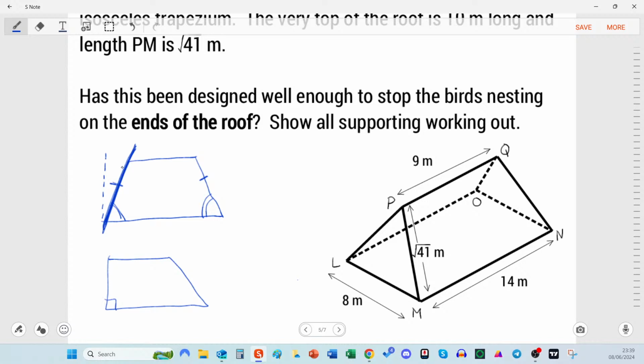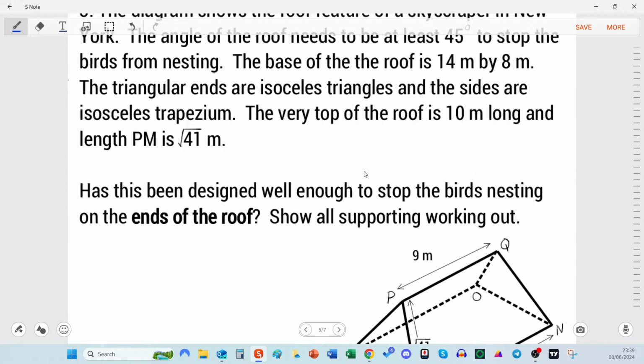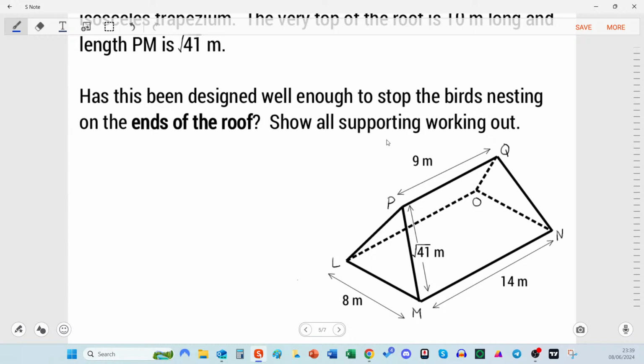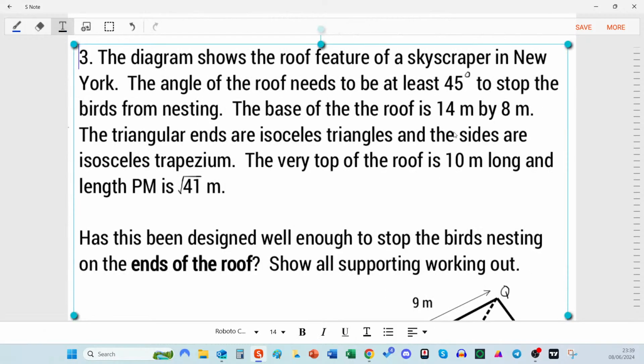Curious, Mr. Potter. Let's rub that out and draw some more. The very top of the roof is 10 meters. What? You're confusing yourself. Is it 10? No, it's 9. The beauty of this is, I think I can adjust this.